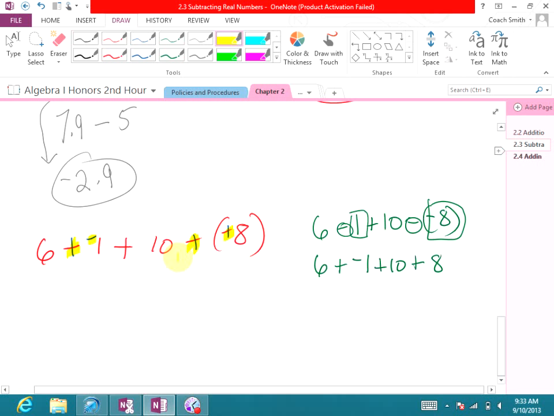You need to start getting into the habit, because we're in chapter 2 and we're already seeing all the negatives and subtractions, and it's only going to get harder from here. Now I just take 6 plus negative 1, which is 5, plus 10 plus 8. 5 plus 10 is 15, plus 8, 23.